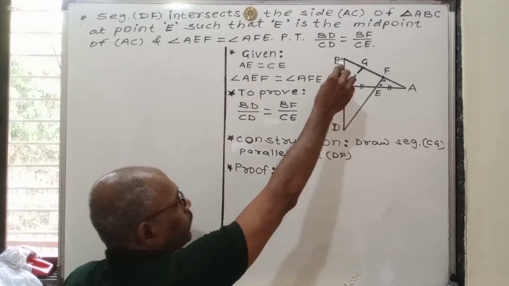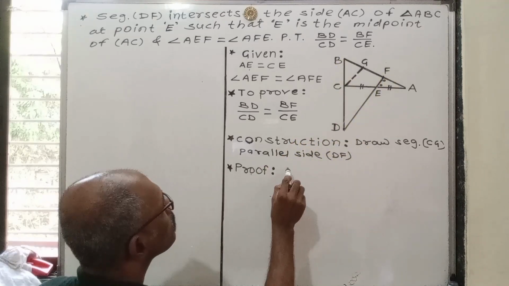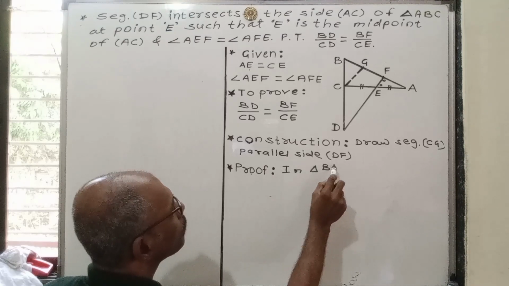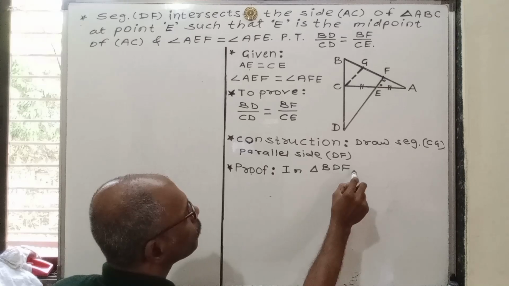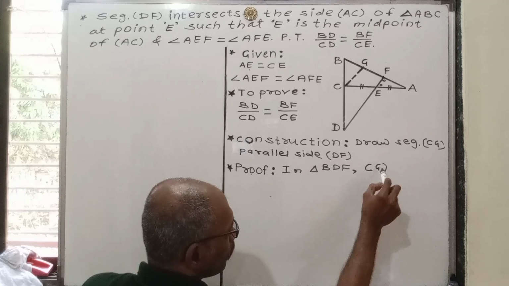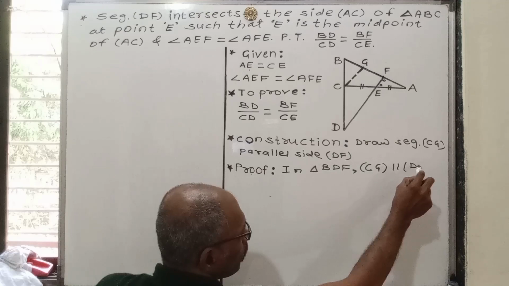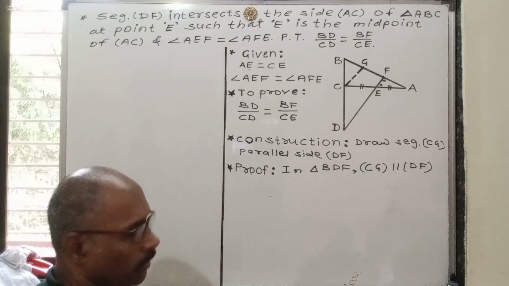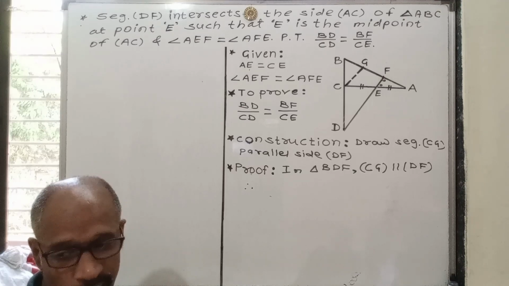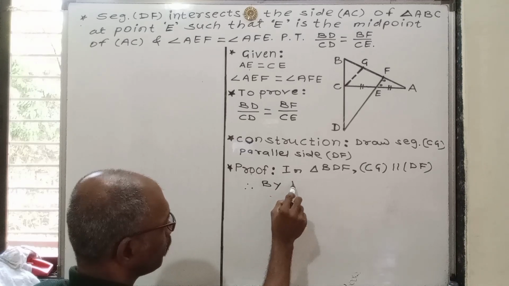Okay, then our important part, proof. Now in triangle BDF, CG parallel to DF. Therefore, by Thales theorem, or we say by basic proportionality theorem.